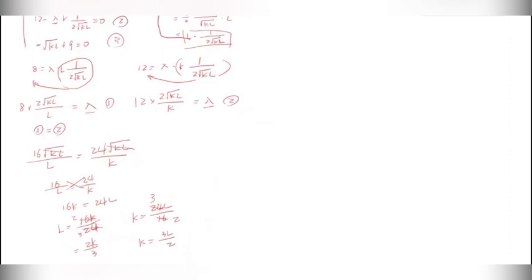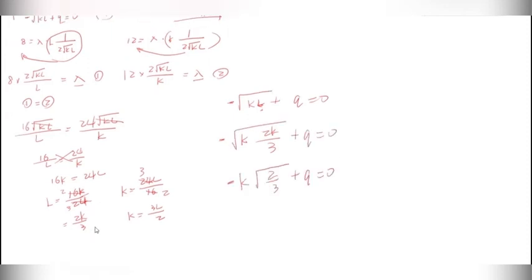So I want to put this K and L into equation 3. I write down equation 3 here: negative square root of KL plus Q equal to 0. Under the square root, K times L, with L being 2K over 3, plus Q equal to 0.